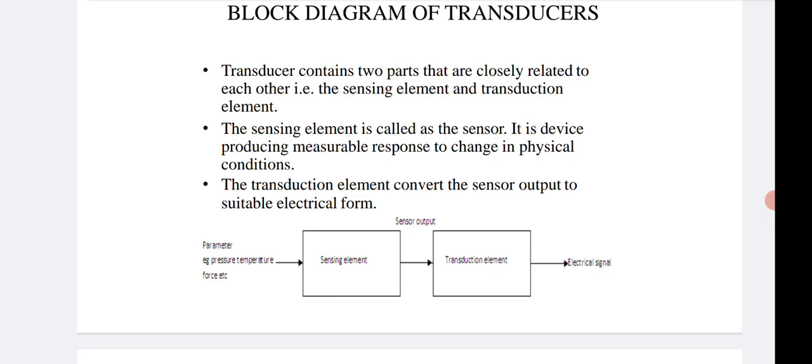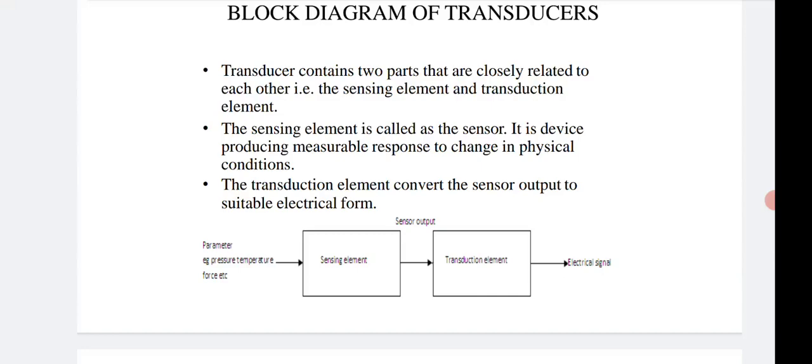So what does your sensor do? It is a device producing a measurable response to the change in physical conditions. Based upon your physical input conditions, the output will be an electrical signal. What about your transduction element? The transduction element will convert the sensor output to a suitable electrical form.